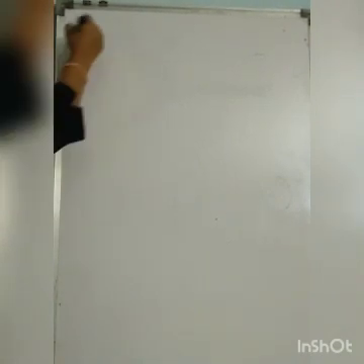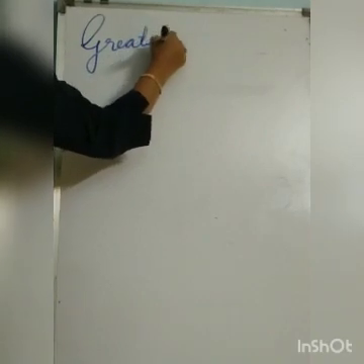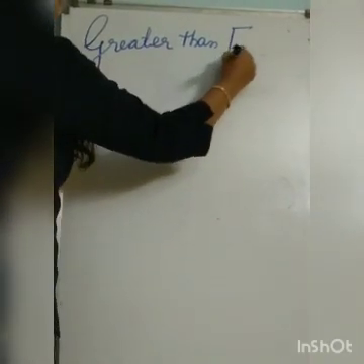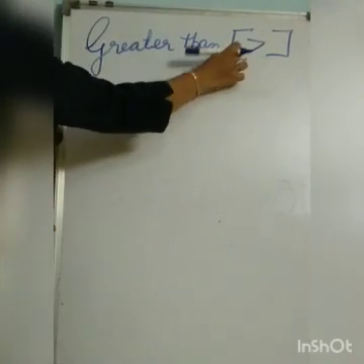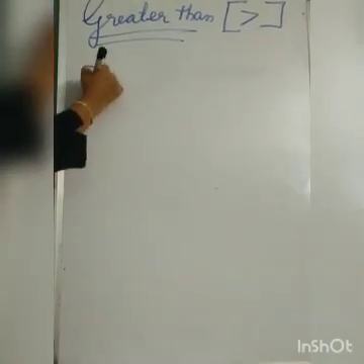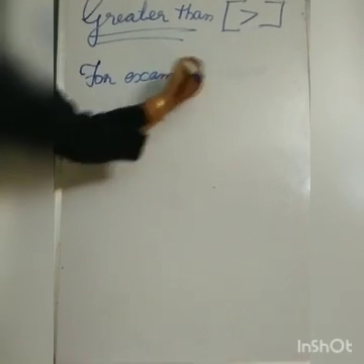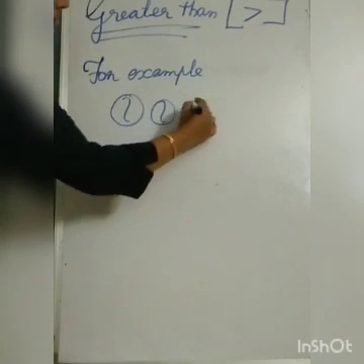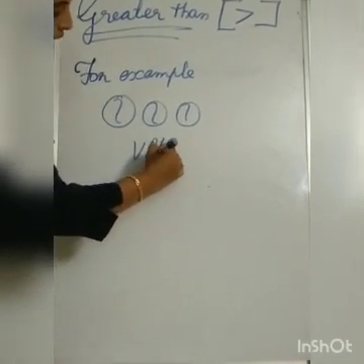What is greater than? The greater than symbol's open mouth shows the greater number. For example, Vihan has 3 balls. Who has 3 balls? Vihan.